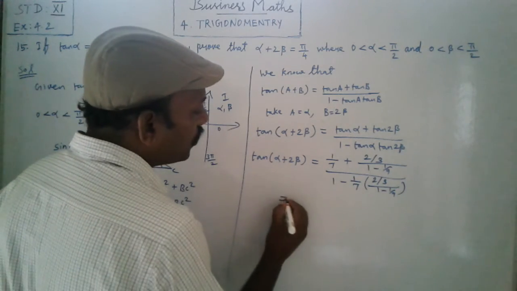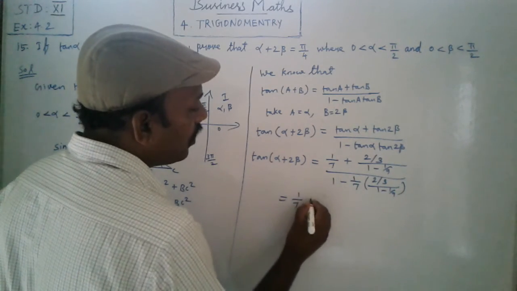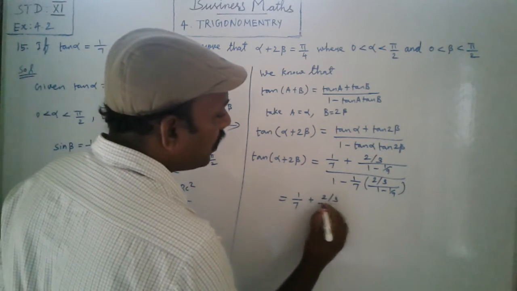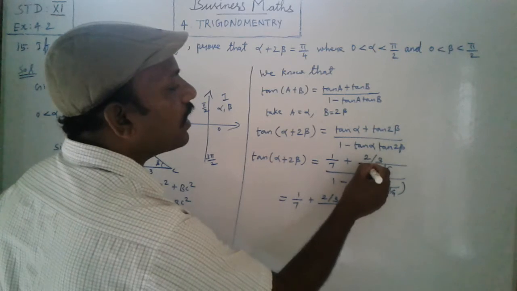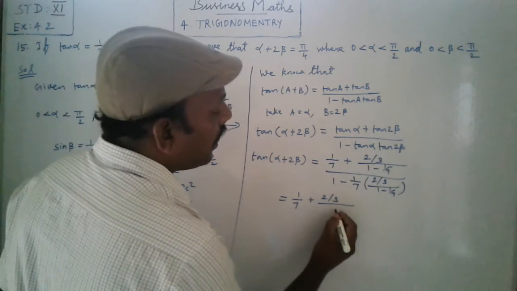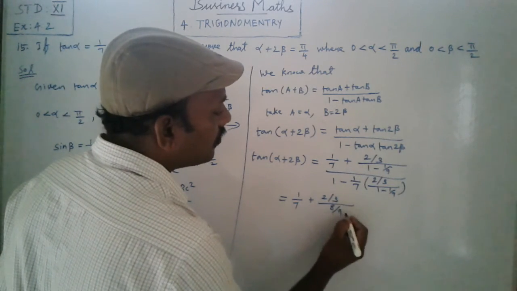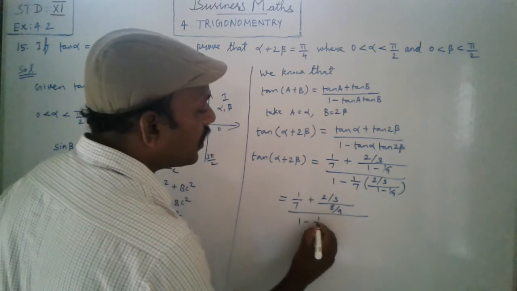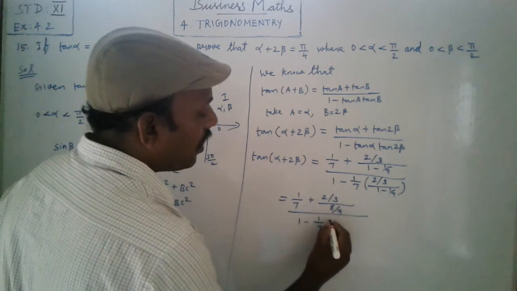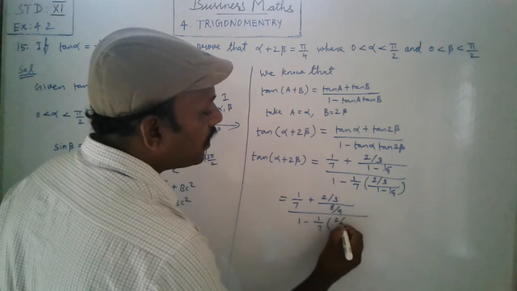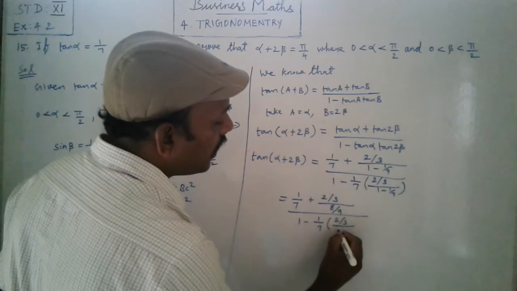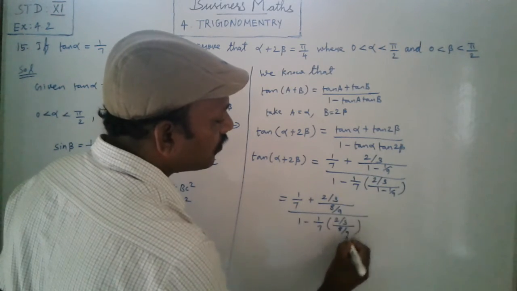So that is equal to 1 by 7 plus 2 by 3 divided by 1 minus 1 by 9, which is 9 minus 1 is 8, 8 by 9, divided by 1 minus 1 by 7 into 2 by 3 divided by 8 by 9.